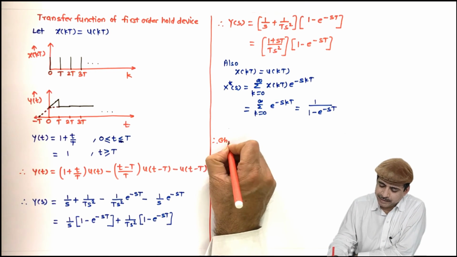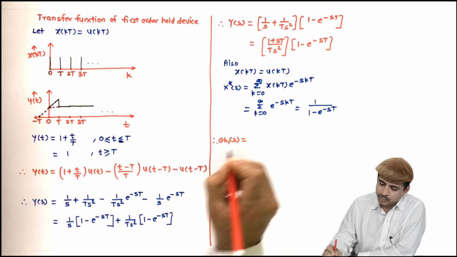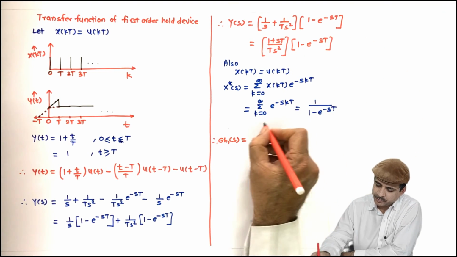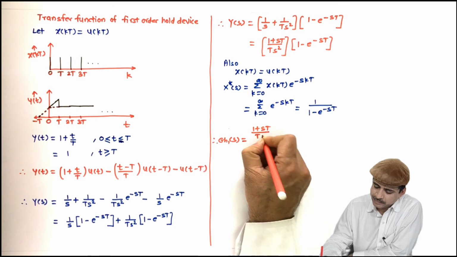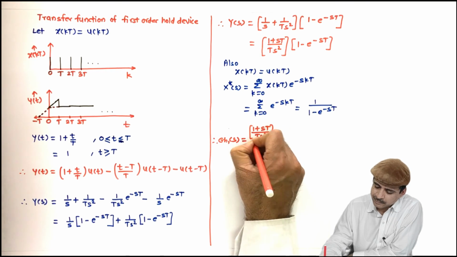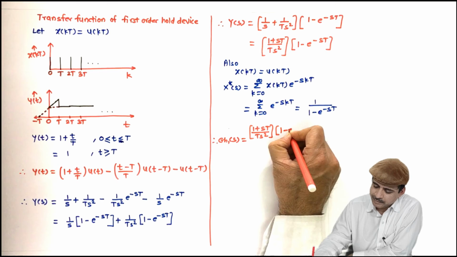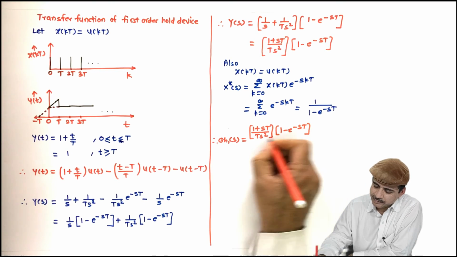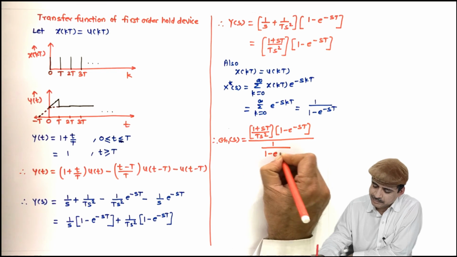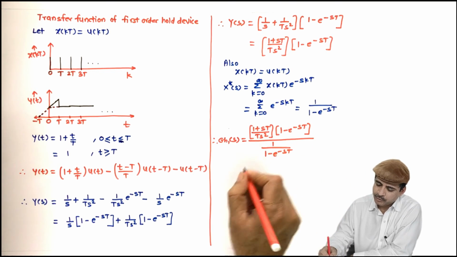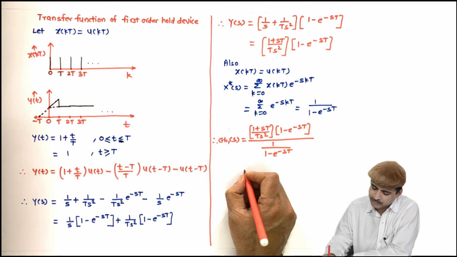So G h1 of s is equal to, what is y of s? This is y of s, 1 plus sT upon T s square into 1 minus e raised to minus sT, divided by x star s, that is 1 upon 1 minus e raised to minus sT. So this will go in the numerator, this T s square will come down.